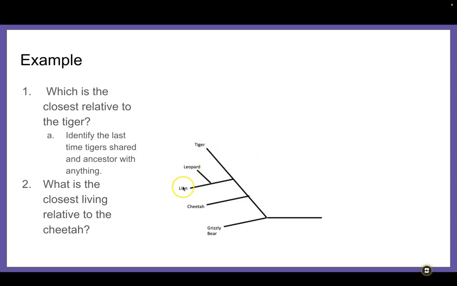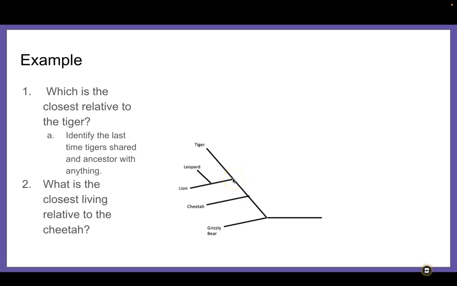Let's add a tiger, leopard, lion, cheetah, grizzly bear. So which is the closest relative to the tiger? Here's our tiger here. So we're going to identify the last time tigers shared a common ancestor with anything. So we're going to trace that back to the node that lands right there.